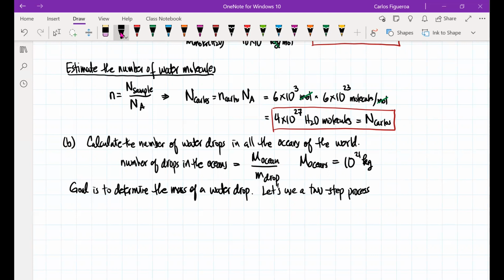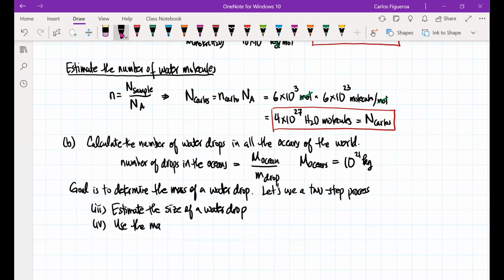The first thing I have to do is estimate the size of a water drop. And from that size, I could then use the mass density to compute the mass.